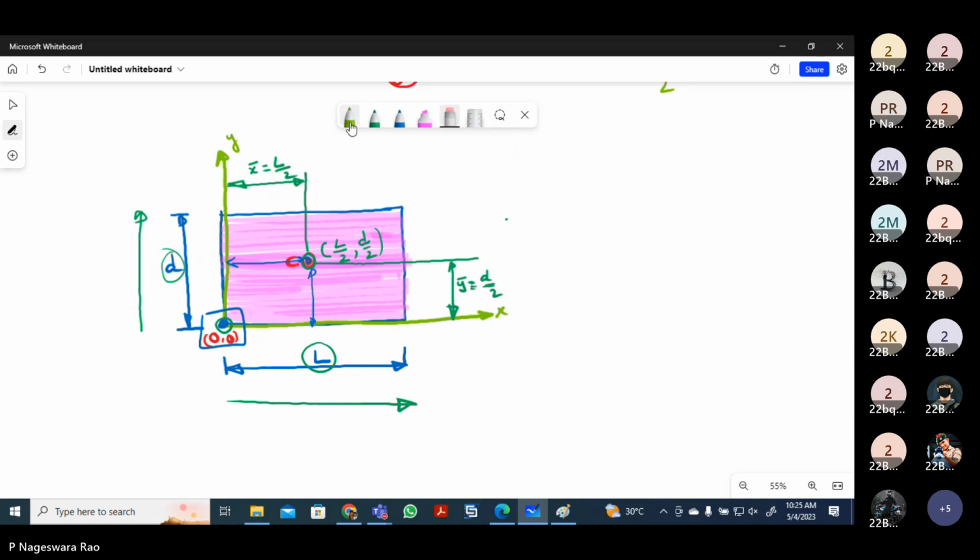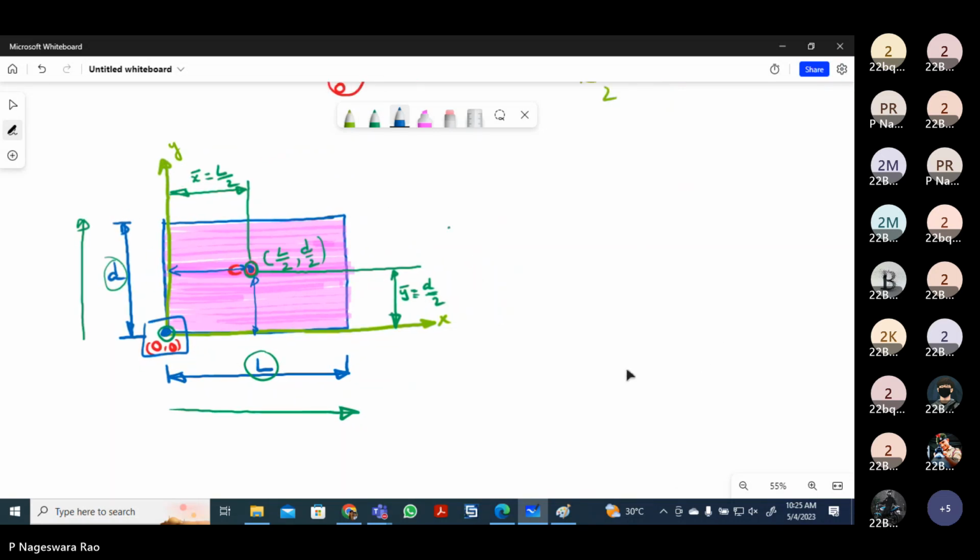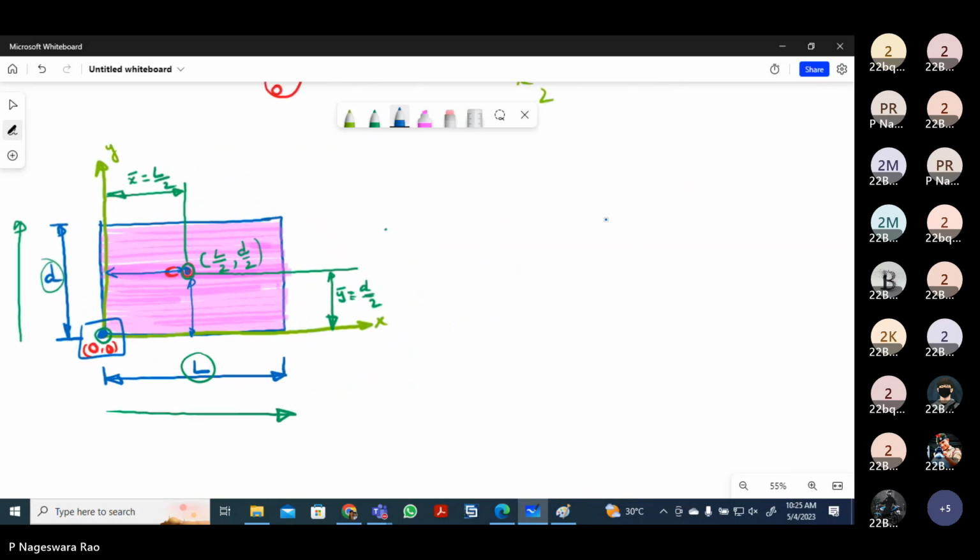Now let us assume you take the same rectangular shape. For example, I am giving the dimensions here. Take a rectangle here. Assume the origin is here, the original origin is here.